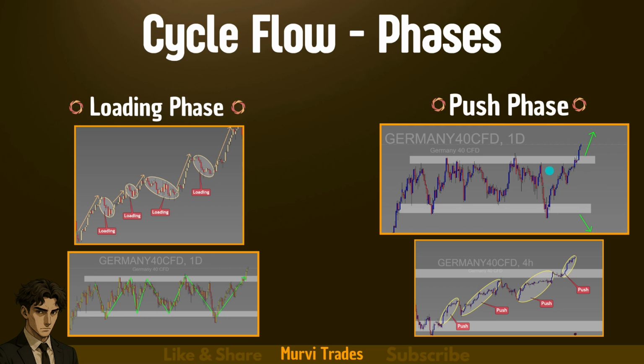The push phase is after the loading phase has ended, okay? For example, here on the daily time frame, it's building a loading phase. It's building a consolidating area. So when price breaks, it will go with the trend, and it will repeat itself. It will go up, then loading phase, then go up, loading, and it will go like this.